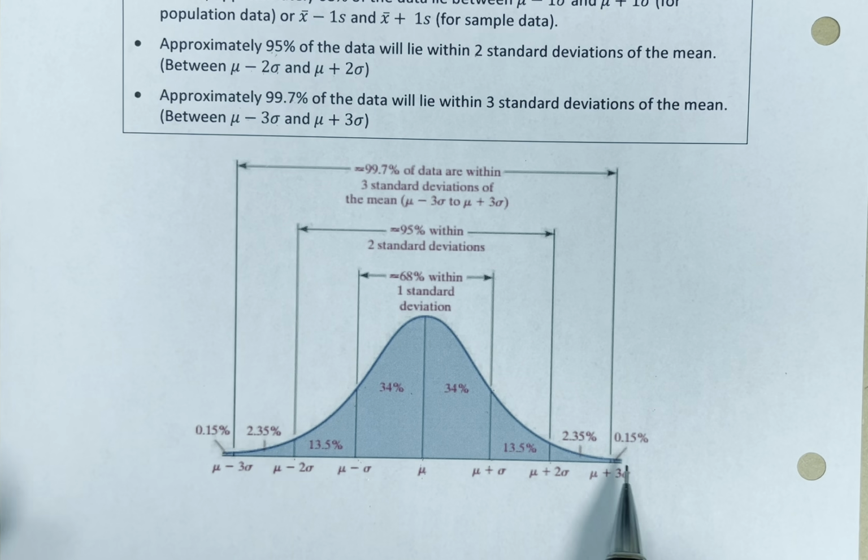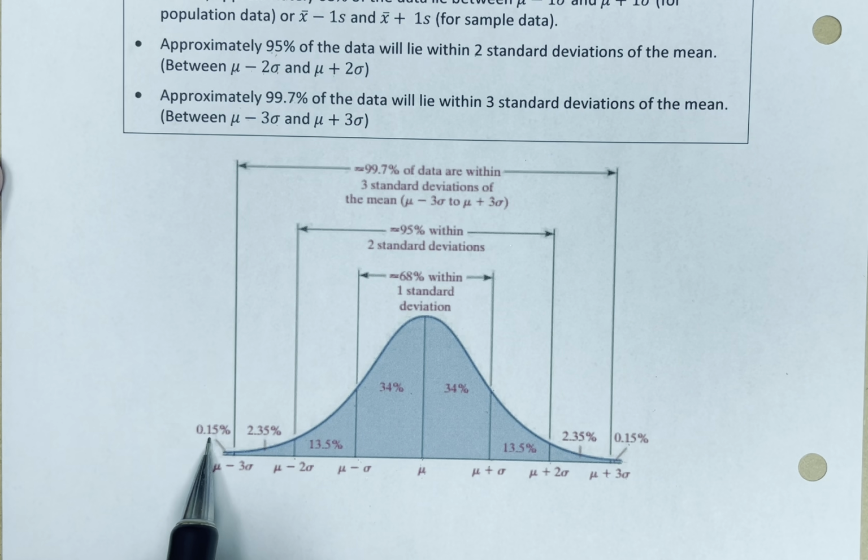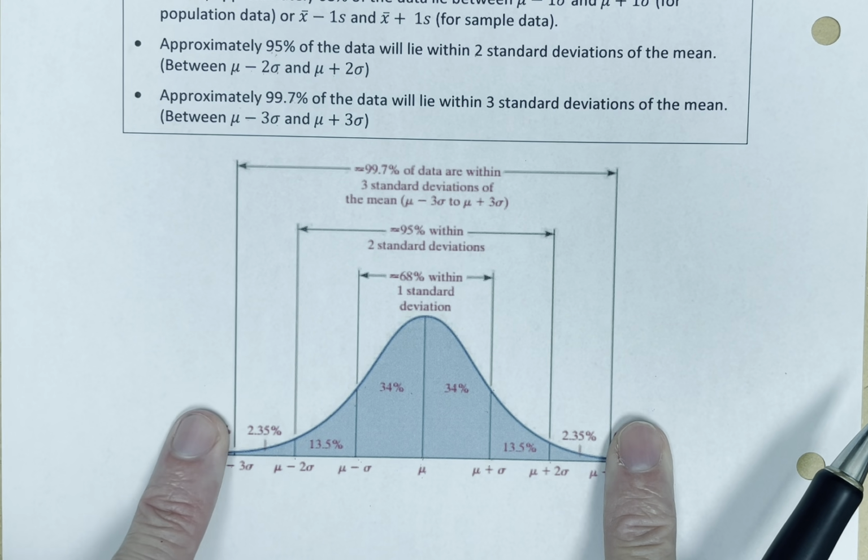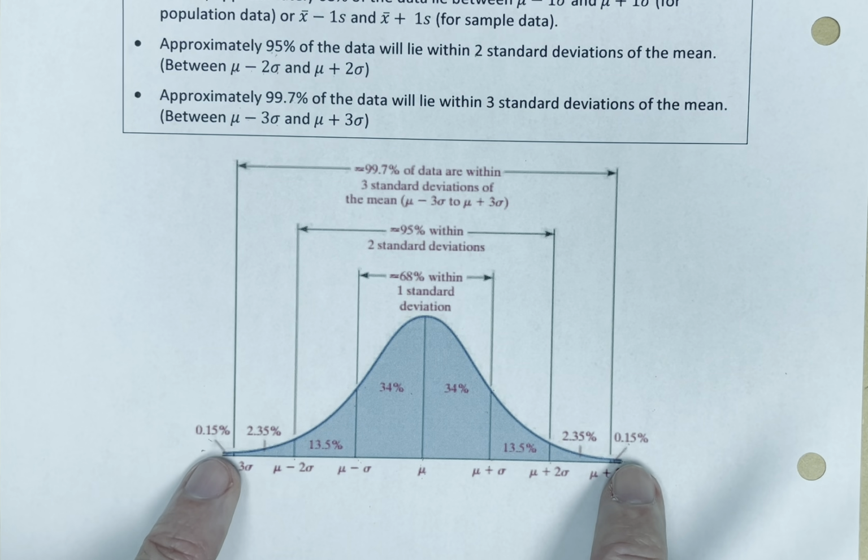Yes, a very, very small percentage of the data, 0.15%, is larger than the mean plus 3 standard deviations, and a very, very small percentage of the data, same, 0.15%, is smaller than the mean minus 3 standard deviations, but really almost everybody is here to here, with just rare exceptions.